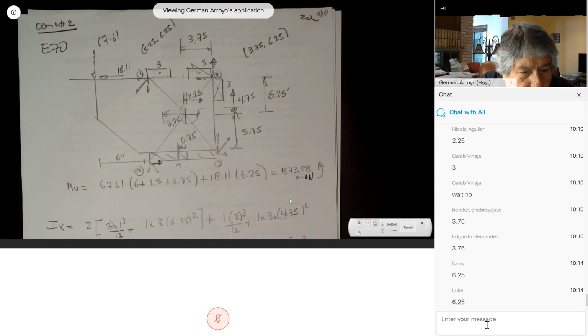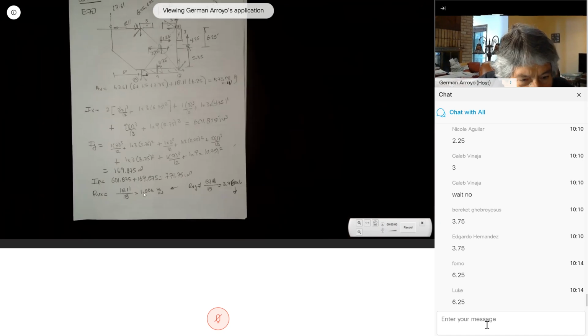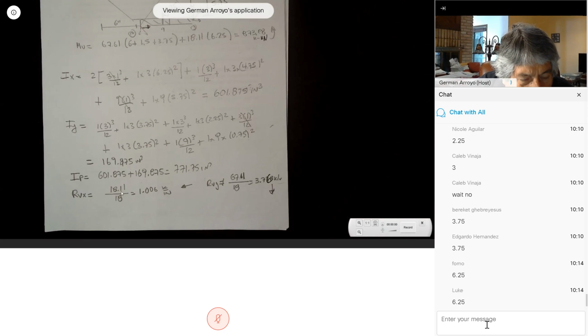So on the bottom, the component in x, 18.11 over the whole length of the group of welds, 18, gives me 1.006 kip per inch to the left. The component in y is the force in y divided by how many inches of weld we had, 3.76 down.